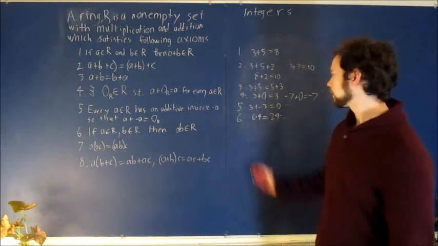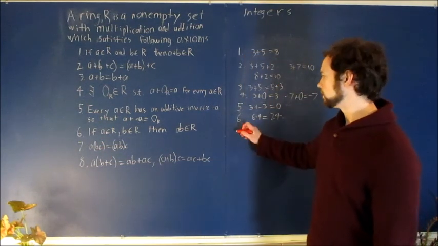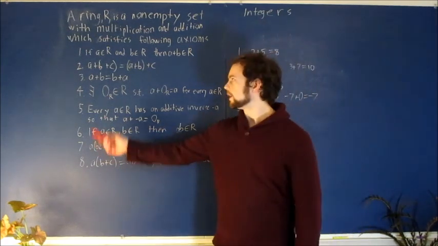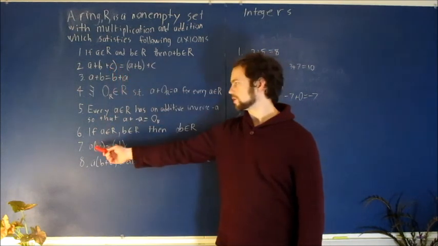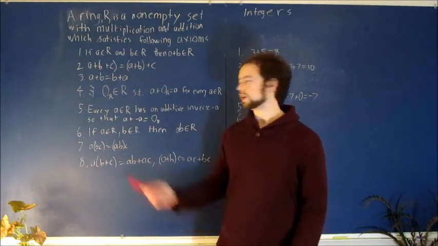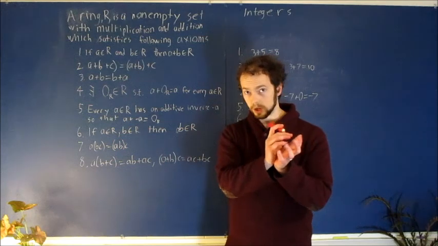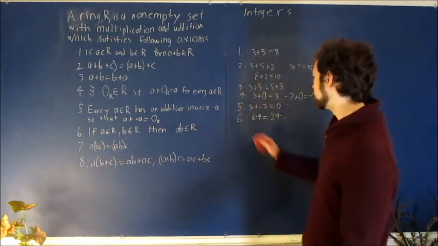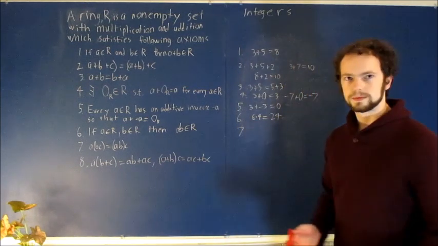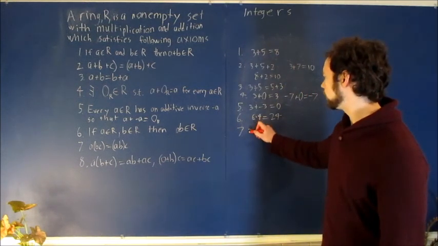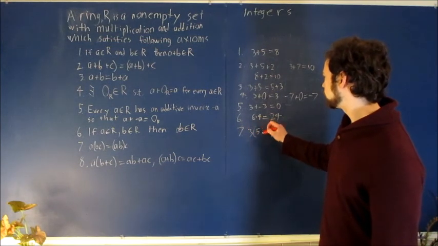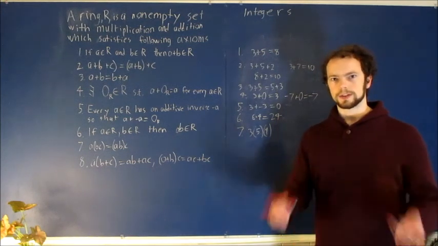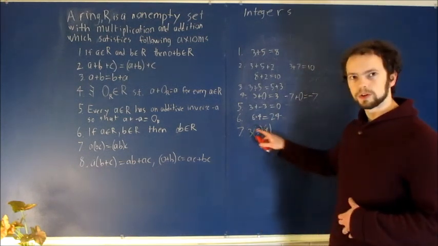Number 7. This is called the associative property of multiplication. Very similar to the associative property of addition, it just means that if you have three things multiplied together in a row, it doesn't matter whether you do the last two first or the first two first. This is definitely true of integers. If you have 3 times 5 times 4, should I do the 5 times the 4 first or the 3 times the 5?